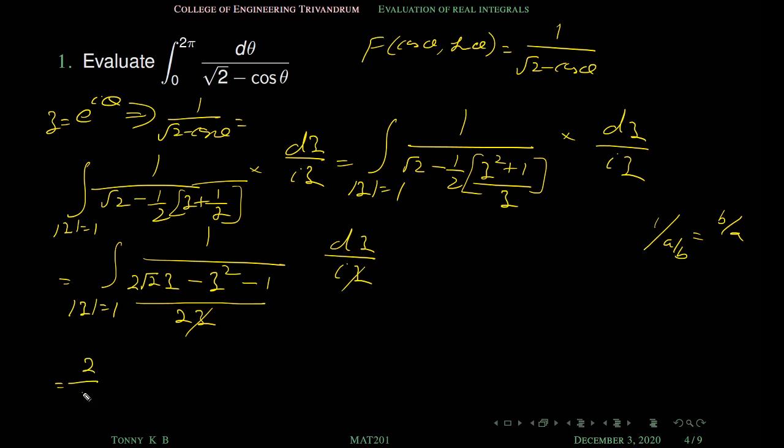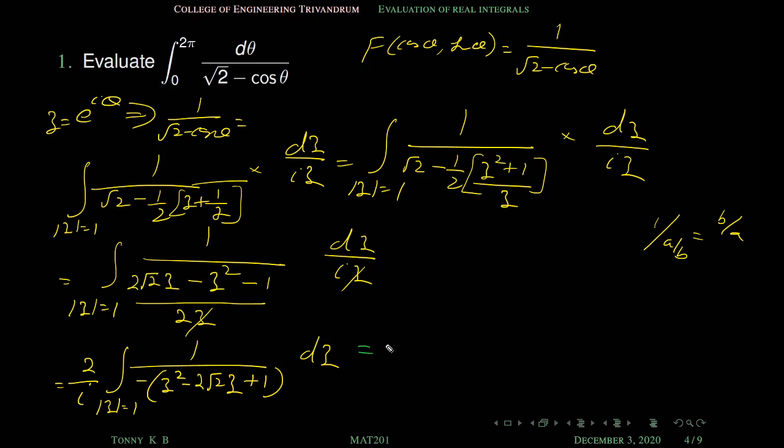So this becomes 2 by i times the integral over mod z equal to 1 of 1 by, for converting to standard form you can take a minus outside, so this becomes minus of z squared minus 2 root 2 z plus 1, dz. Again you can simplify.